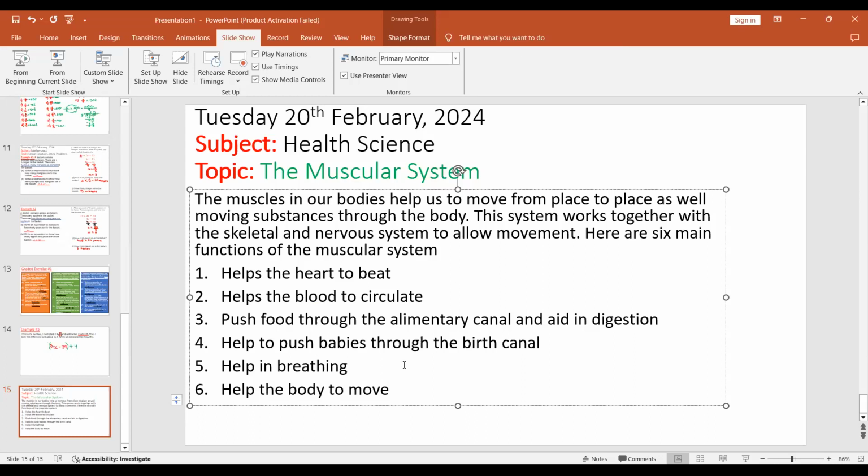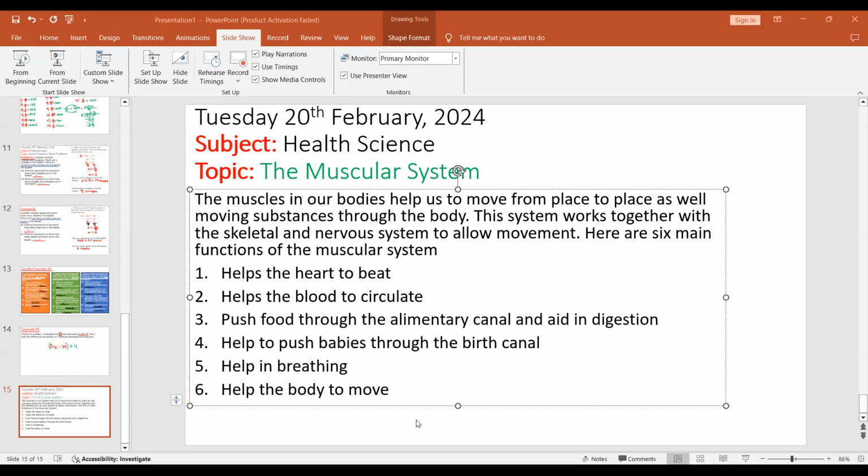Okay, so good. Can someone tell me one function of the muscular system based on what I have on the screen? One function. Helps the blood to circulate. Anyone else? Help the body to move. Anyone else? Helps to push babies through the birth canal. Very good. Anyone else? Helps the heart to beat. Very good. Anyone else?